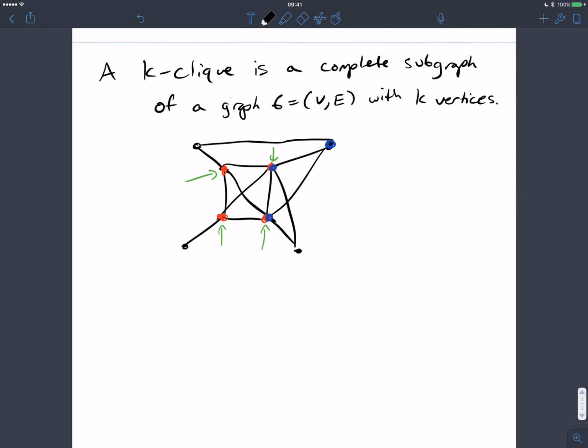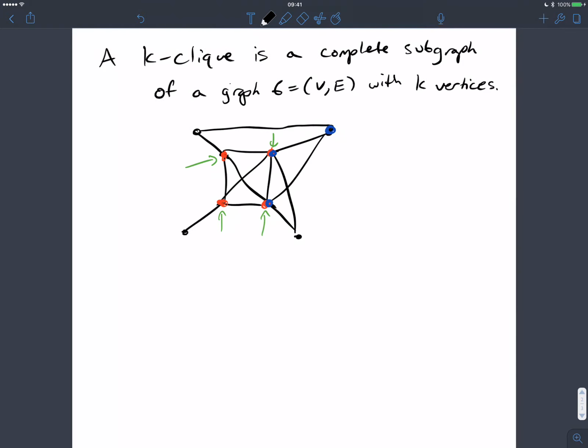And if there isn't one, then I say, no, the certificate you gave me is wrong. So for example, if instead of these 4, he gives me these outer 4, then I can quite easily see there are some edges that are not present among those 4 vertices. So therefore I say, no, your certificate is wrong.